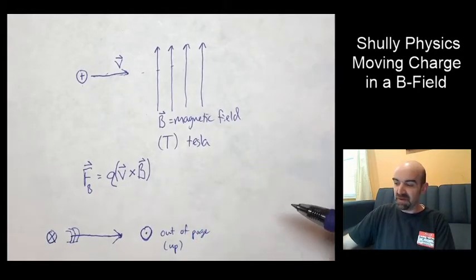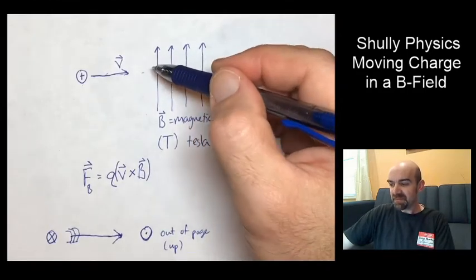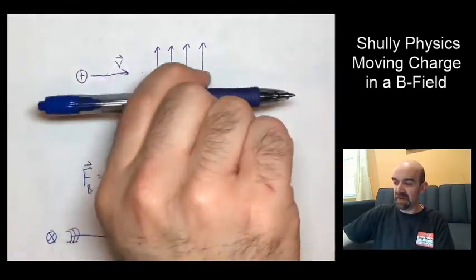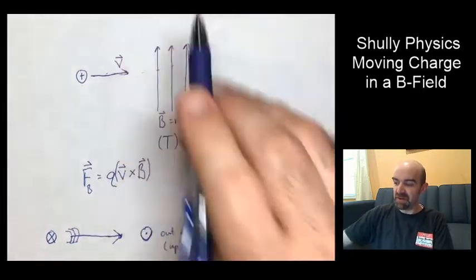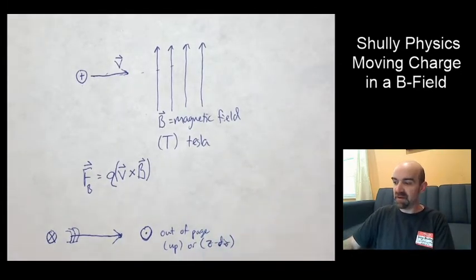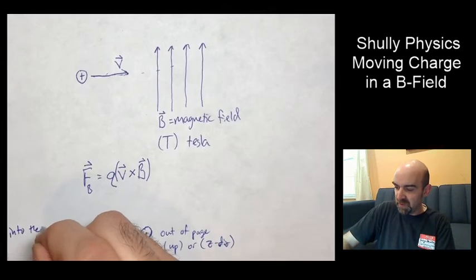Now on a paper, sometimes we say this is up and that's down, but the paper is in a plane this way. So we sort of have an X direction, a Y direction. So up would represent our Z direction. And the X would be into the page.